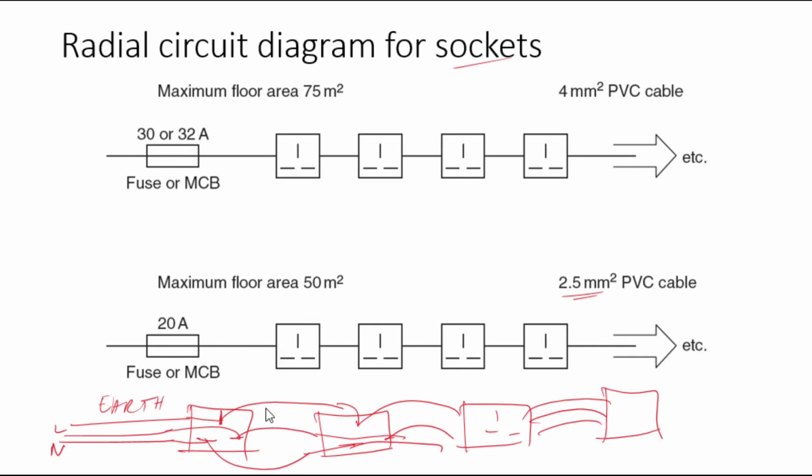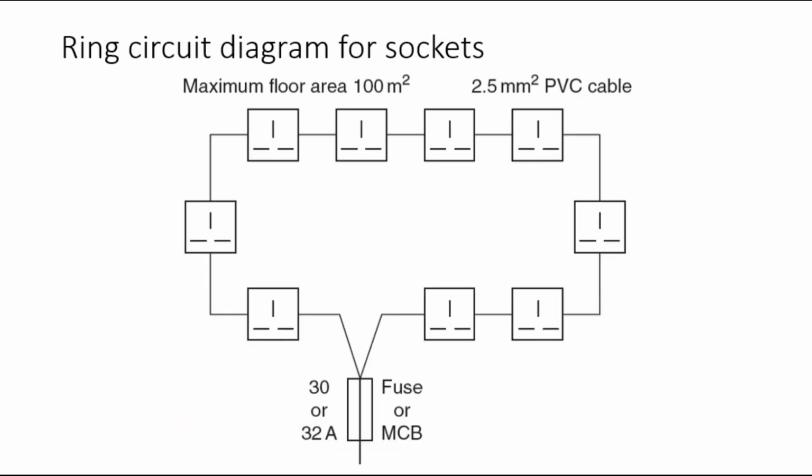An alternative configuration to the radial circuit is the ring circuit, which then provides a path back to the initial circuit. Okay, remember that these are actually three wires going through. Whereas the return path is being provided by connecting your appliance, whatever it is, it is complete in itself.